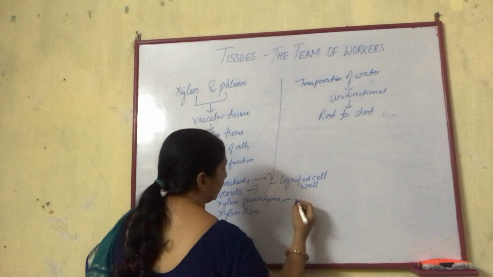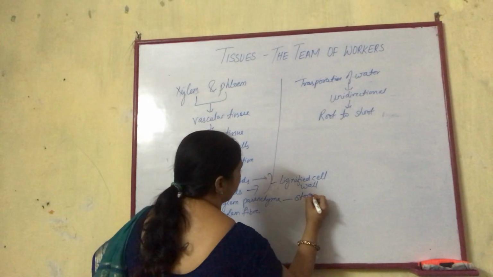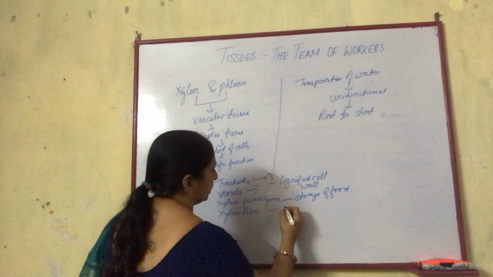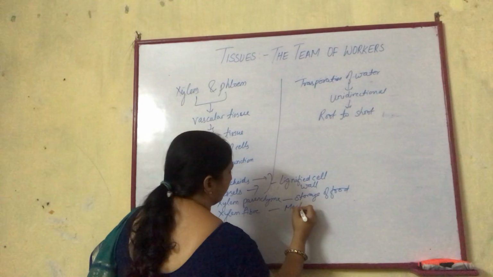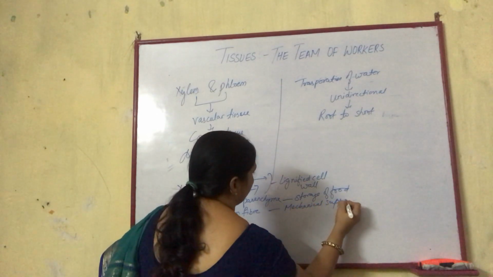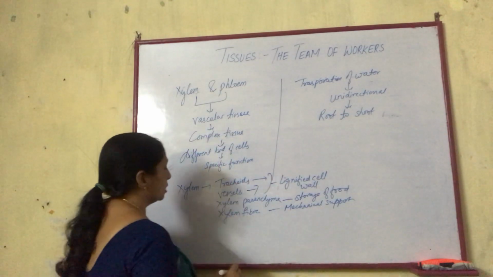Xylem parenchyma is for storage of food, while xylem fiber is for mechanical support to the tissue. Next to this is phloem.